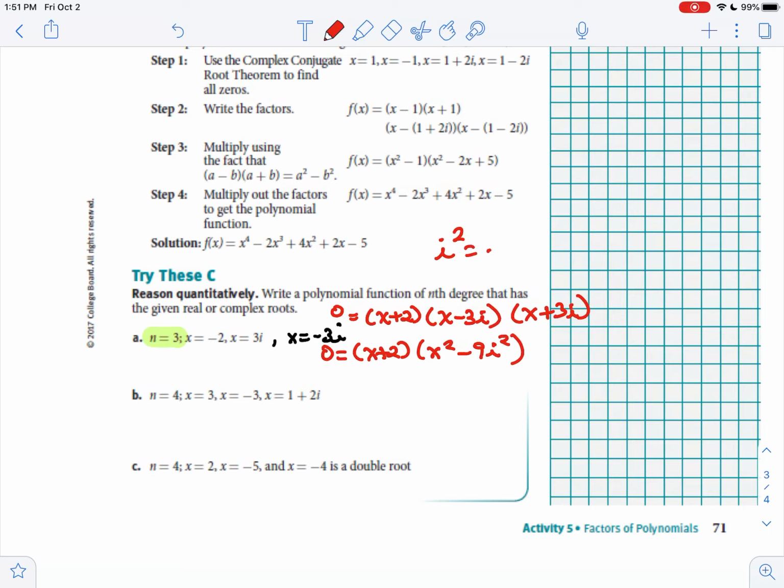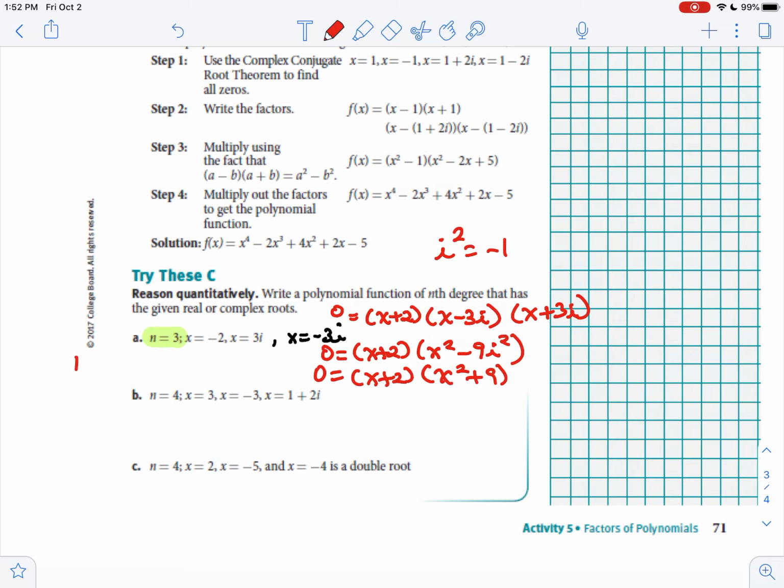So that brings us back to i squared. Do not forget that i squared always gets replaced with -1. So that actually changes it to x plus 2 times x squared minus 9 times -1, which becomes plus 9.